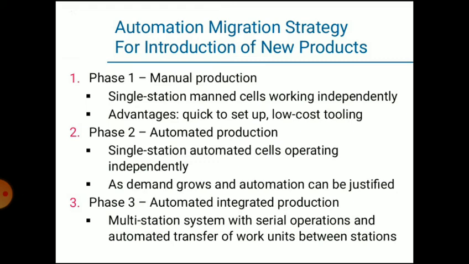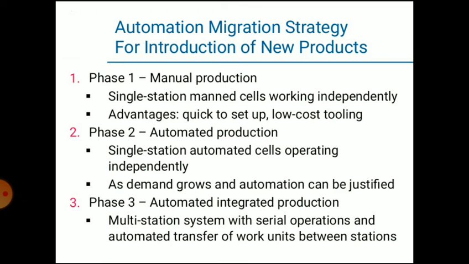So phase 1, that is manual production. In manual production, there are single station manned cells working independently. Advantages are quick to set up and low cost tooling. Phase 2 is automated production. It is single station automated cells operating independently as demand grows and automation can be justified.